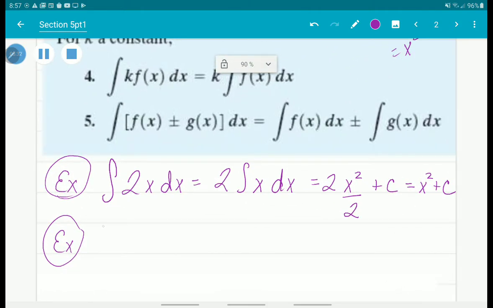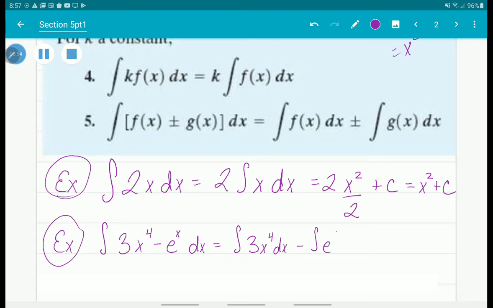Let's do another one. Suppose we want to integrate 3x to the fourth minus e to the x. Rule 5 says we could rewrite this as the integral of 3x to the fourth dx minus the integral of e to the x dx. There's an understood parentheses here.